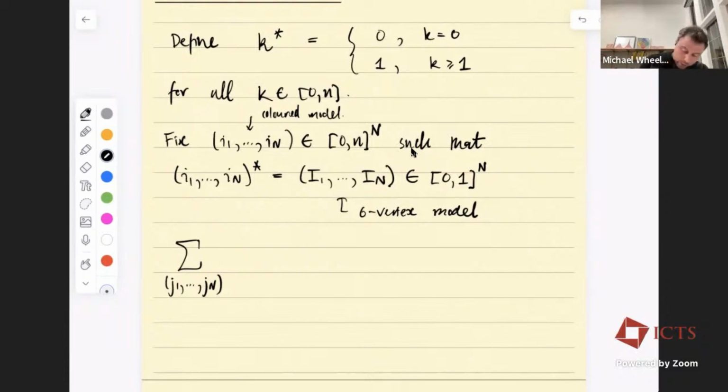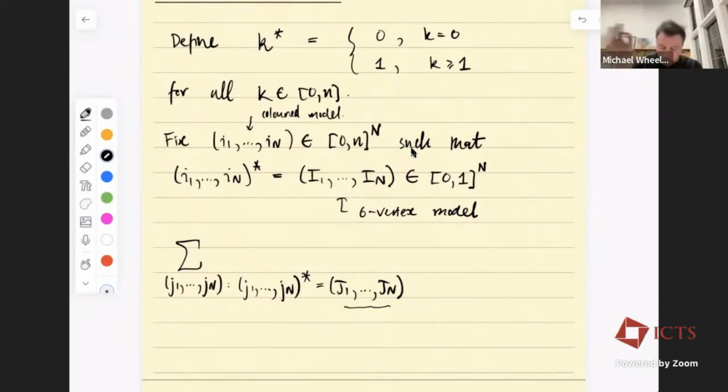So the restriction will be, it's the sum over j's such that when I take the colorblind projection of j's, that's equal to some other vector, capital J1 up to capital Jn. Okay, so we're also fixing, so this is also something that we're given, J1 up to Jn.